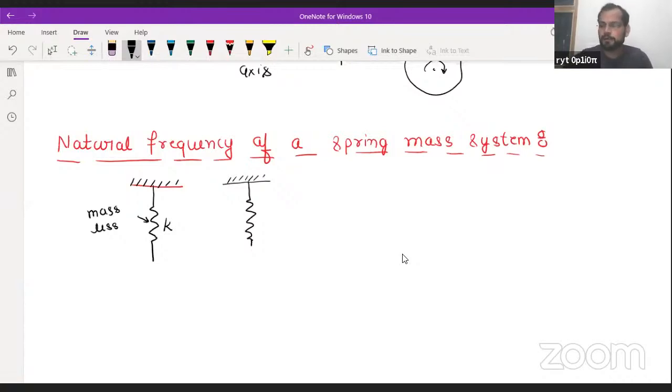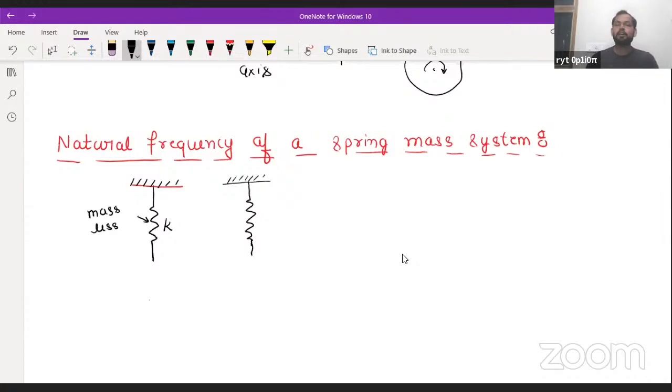There is a massless spring only, and I am stretching this end and releasing it. Yeah, very good. It is massless. For a vibrating system, there should be a restoring element which always tries to restore the position, as well as an inertial element. This has the restoring element, but it does not have the inertial element. That's why it cannot perform the vibration.